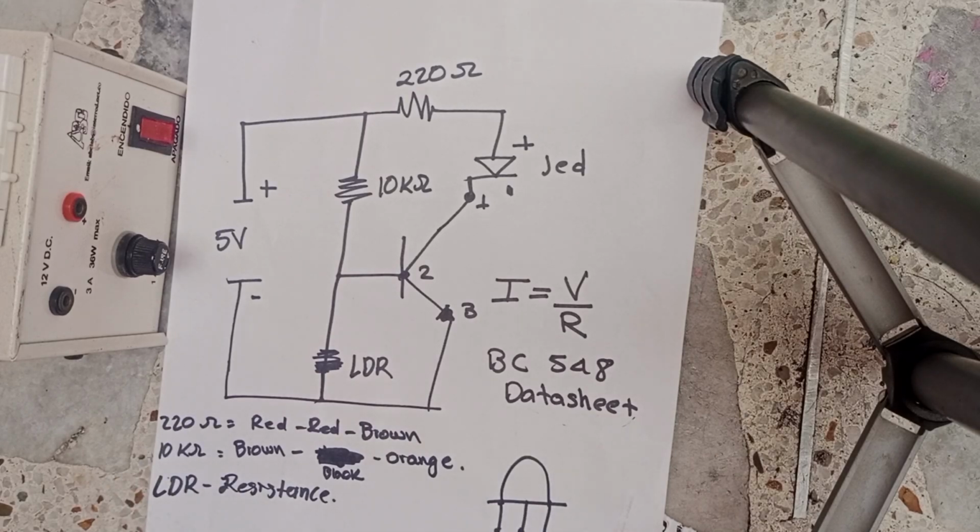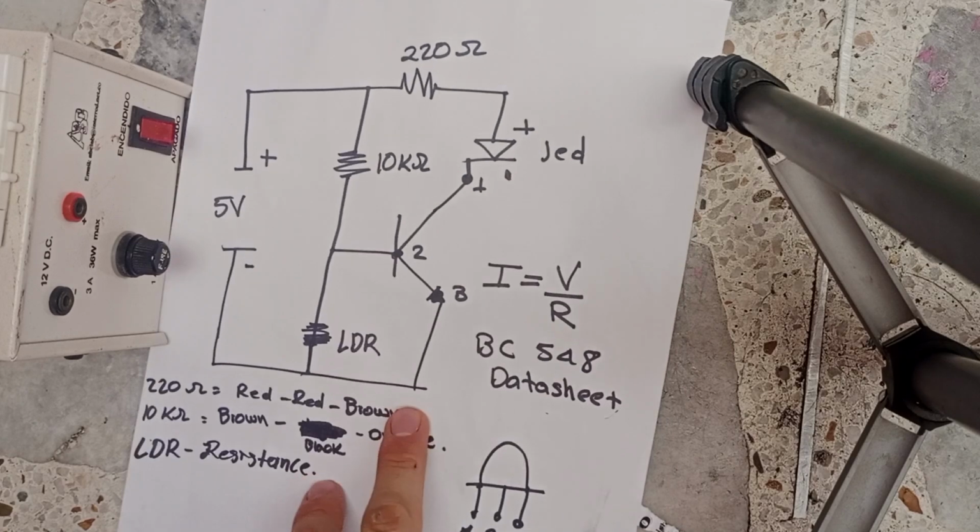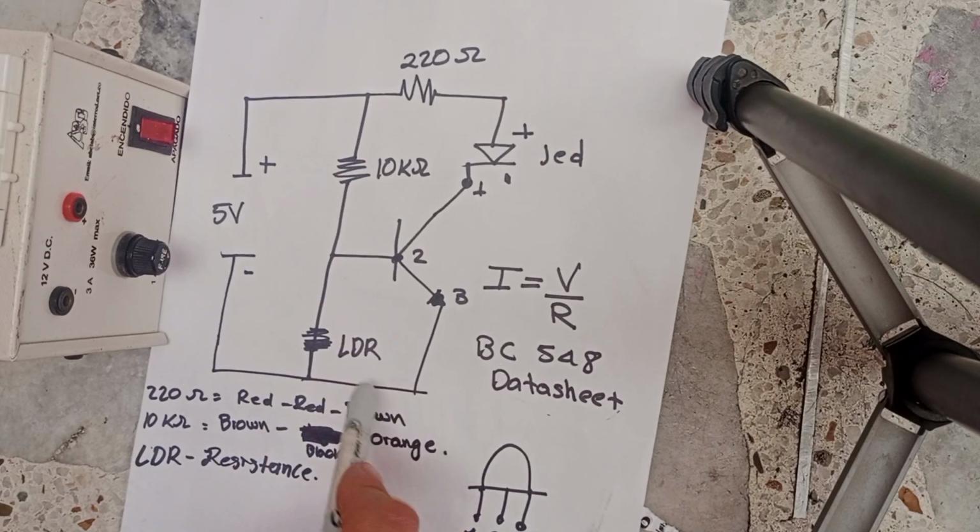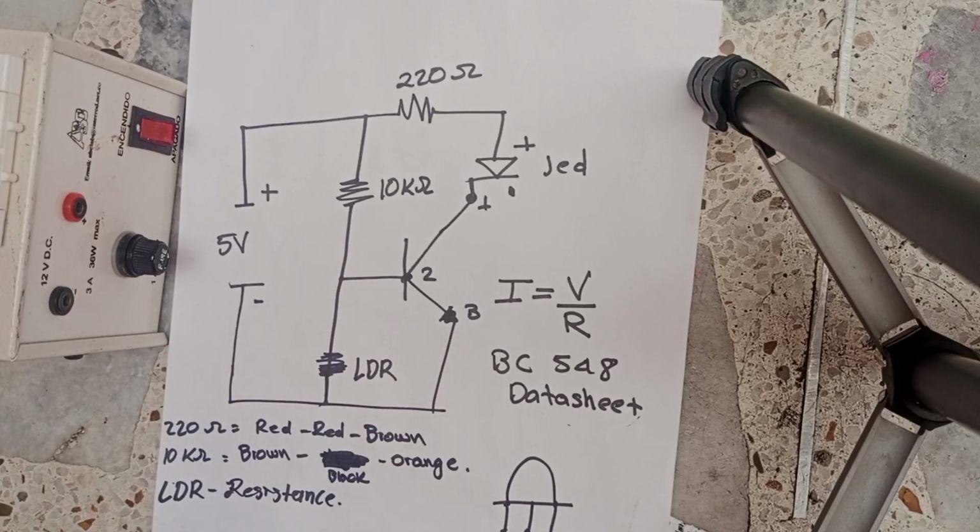How much light is flowing will affect how much current flows. This is a variable resistance, depending on how much light reaches it. Now this is the diagram. You've got to write this diagram down.